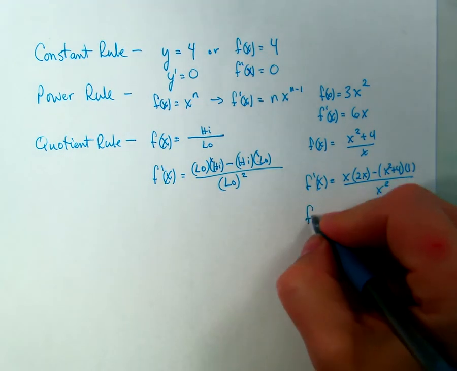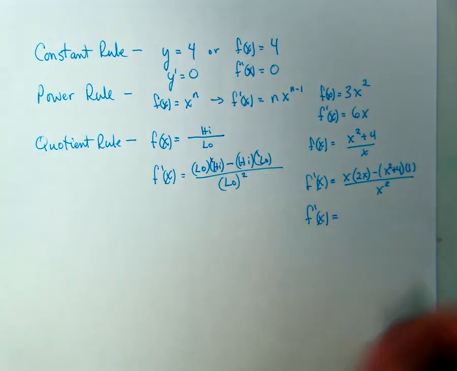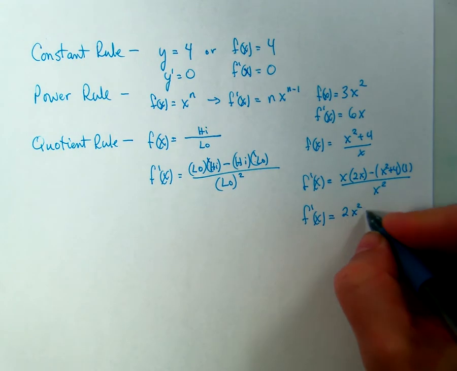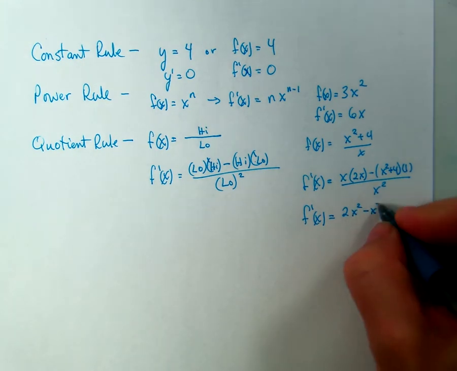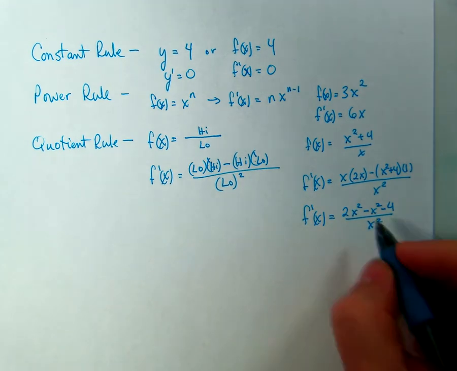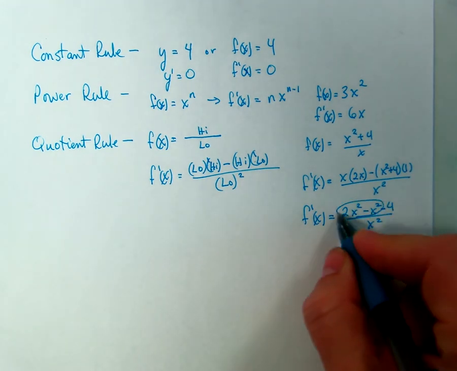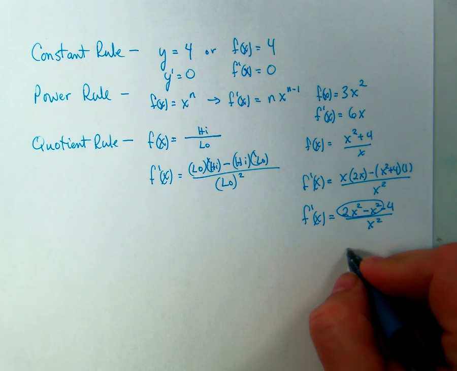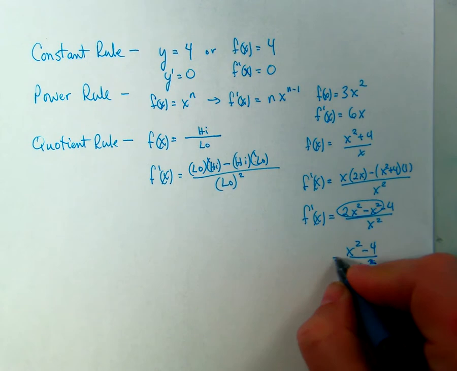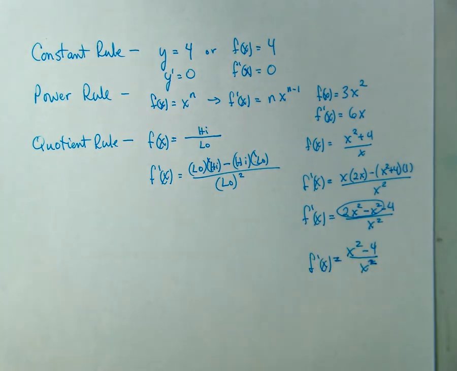If we simplified that down, f prime of x would end up being 2x squared minus x squared minus 4 all over x squared. These would combine to be x squared minus 4 all over x squared, and we'll just leave it at that. So that would be your f prime of x according to the quotient rule.